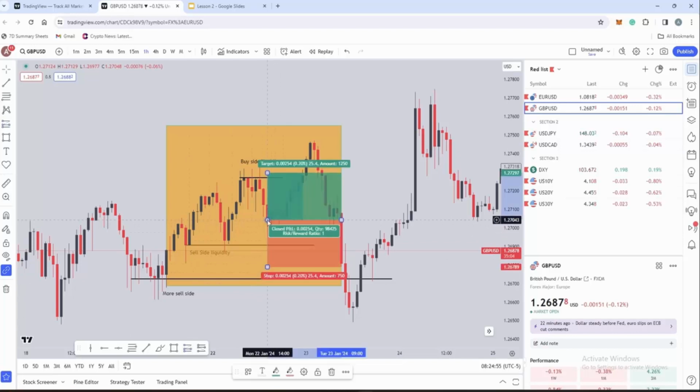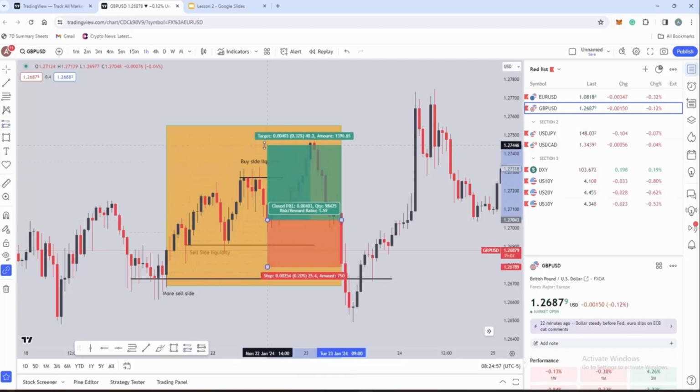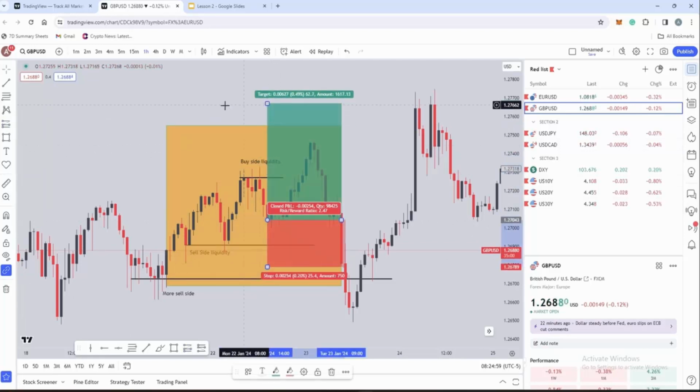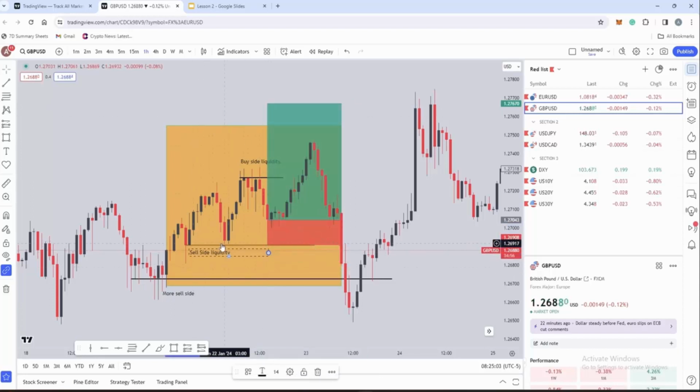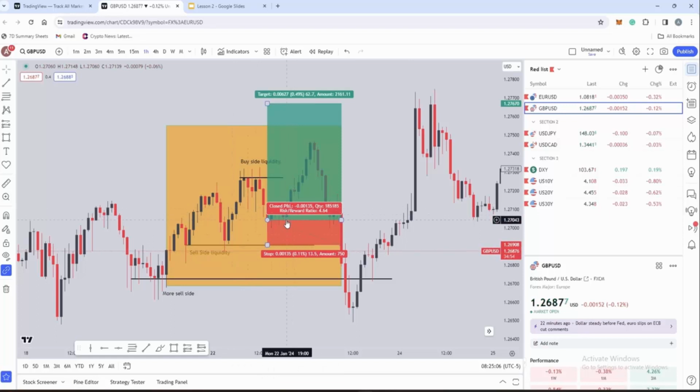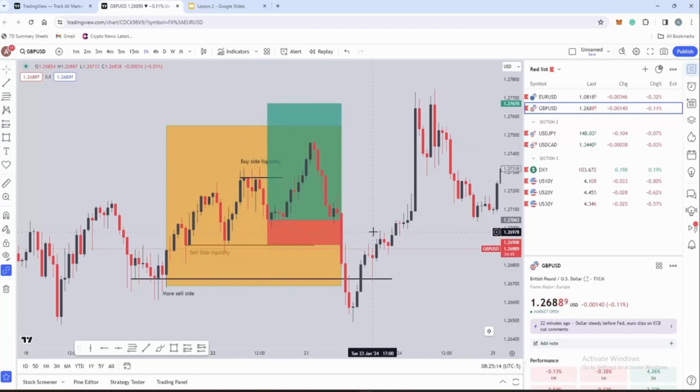So I would open my long position here. Let's say keep a target up to here, for example, and we'll keep our stop loss below these equal lows. Price will go up for a bit, take out the buy side liquidity, and then go all the way down and take out your stop.